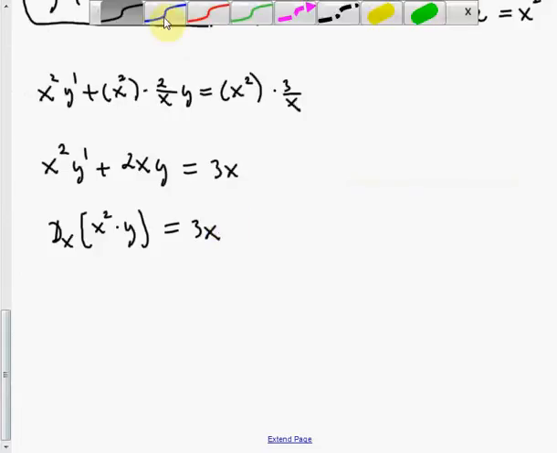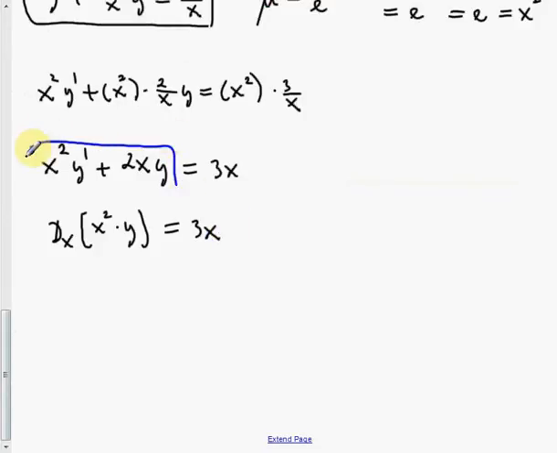Again, you see that this is the derivative of x squared times y. The derivative of the first is 2x times the second plus the derivative of the second, which is y prime times the first, x squared.